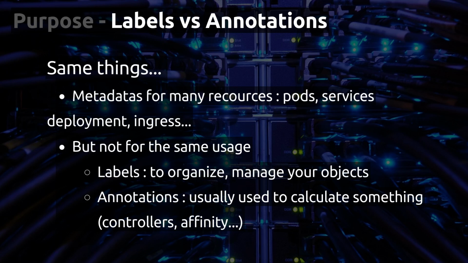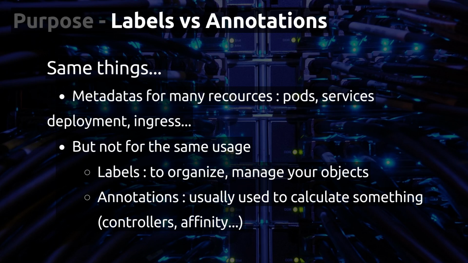For example, if you want to group your pods or your deployments or your services or many kinds of objects, if you deploy an app1, you want to list all objects attached to the app1 application.